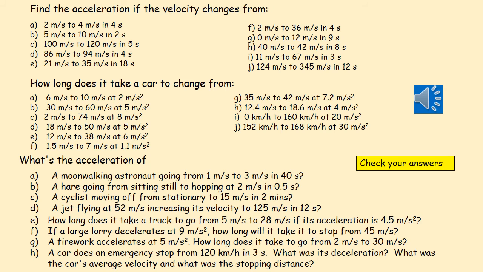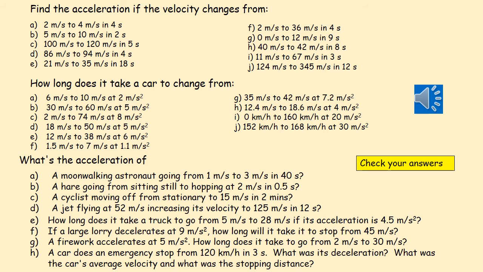D, 32 over 5, which gives you 6.4. E, 26 over 6, giving you 4.3 recurring. F is 5.5 over 1.1, which gives you 5. G is 7 over 7.2, giving you 0.97. H, 6.2 divided by 4, giving 1.55.